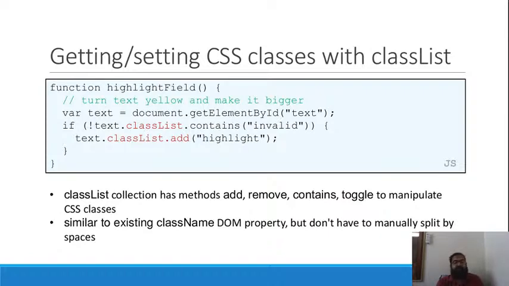The classList collection has methods for adding, removing, containing, and toggling to manipulate the CSS classes. This is similar to the existing className DOM property, but you don't have to manually split by spaces. That will give you the class list of a particular tag that is selected.